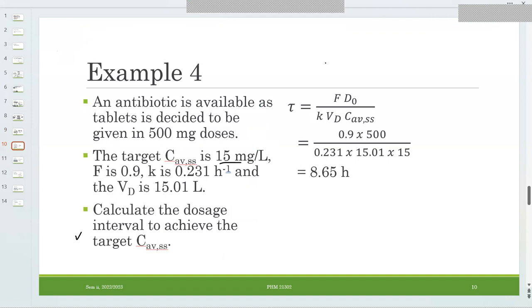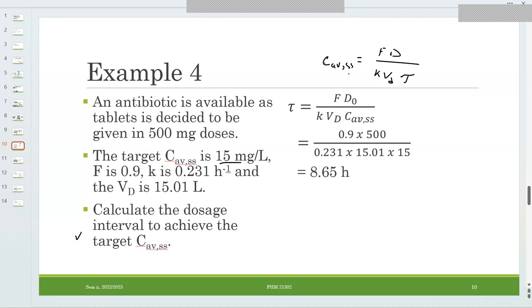So you use the same formula, which is C average steady state equal to F dose divided by K VD tau.